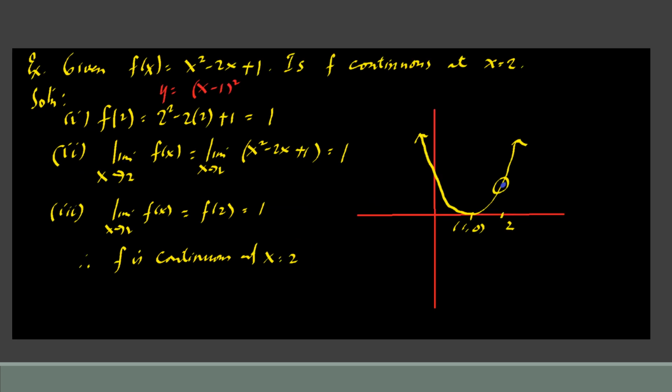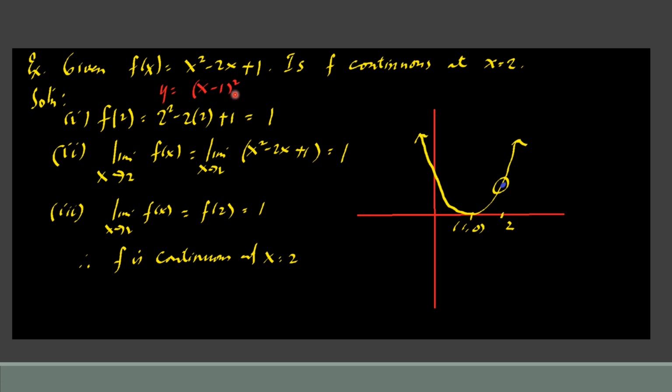We take on the following example. Given a function f defined by f of x equal to x squared minus 2x plus 1, we determine the continuity of f at the number 2. The function f can be written as y equal to x minus 1 quantity squared, since x squared minus 2x plus 1 is a perfect square trinomial.